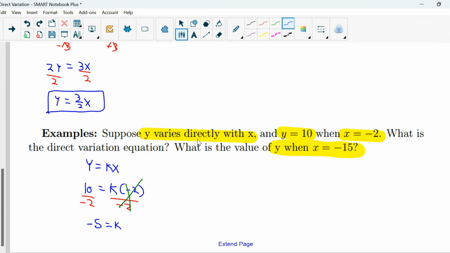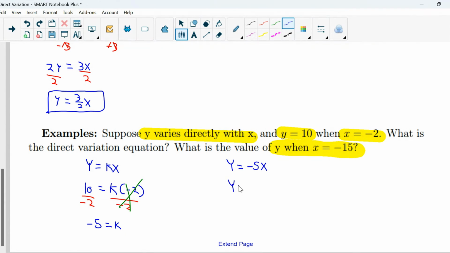All right, now that we've found our k value, or our constant of variation, we have a full direct variation equation here. Y equals -5x. So if we're trying to find the value for y when x equals -15, let's just substitute -15 in for x.